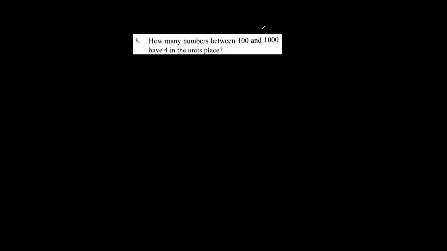The 8th question is, how many numbers between 100 and 1000 have 4 in the units place? So the question is, I read it once again, how many numbers between 100 and 1000 have 4 in the unit place?